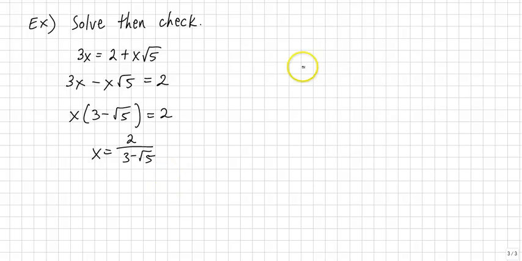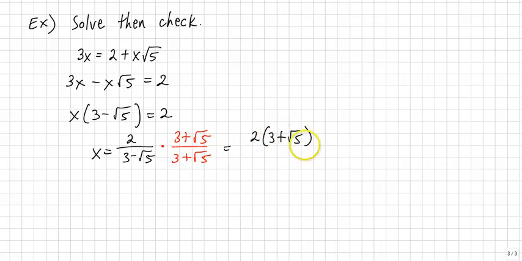So we're going to multiply the top and bottom by the conjugate to simplify that answer. So we'll get 2 times 3 plus square root of 5. On the bottom, we'll get 9 plus 3 square root of 5 minus 3 square root of 5 minus the square root of 5 squared.